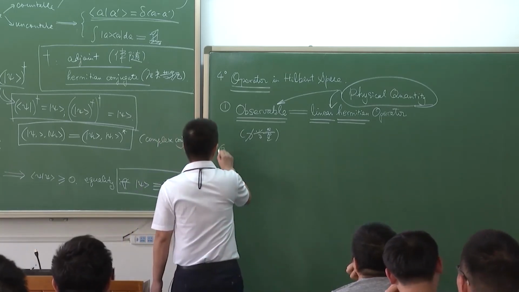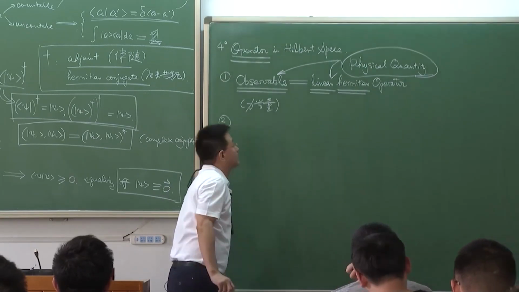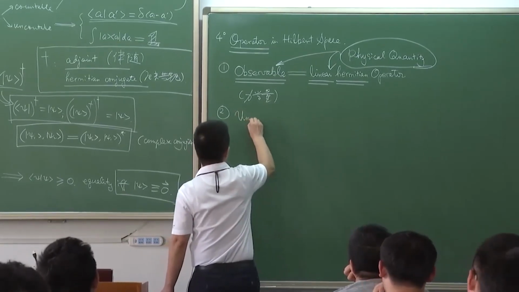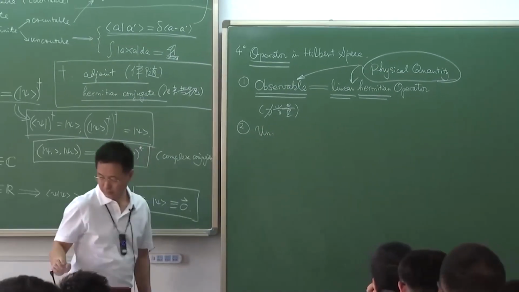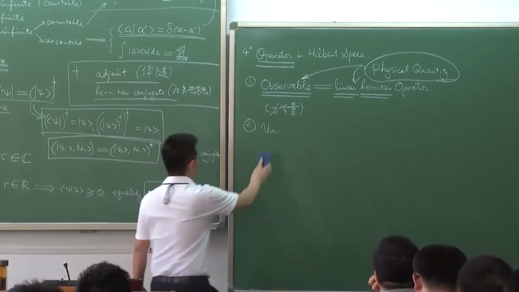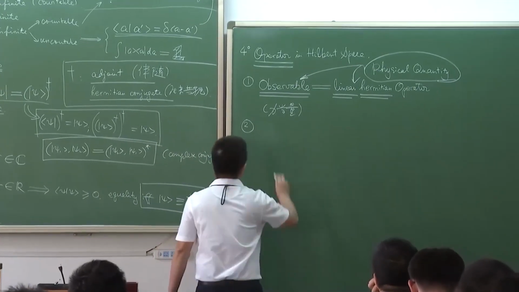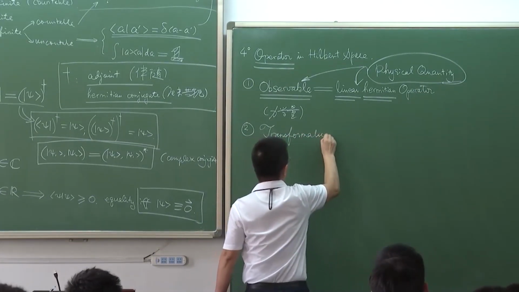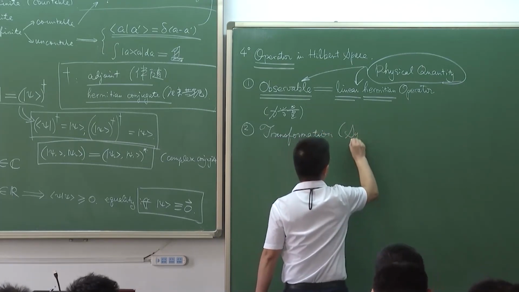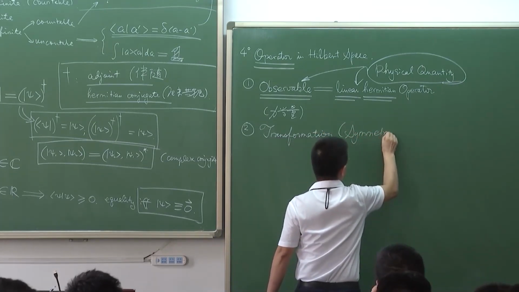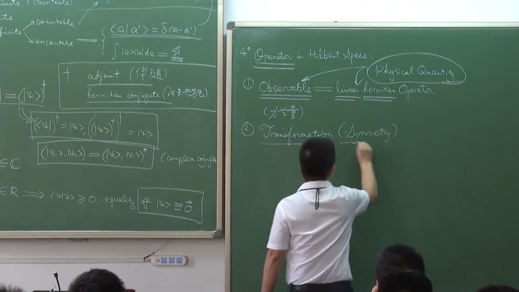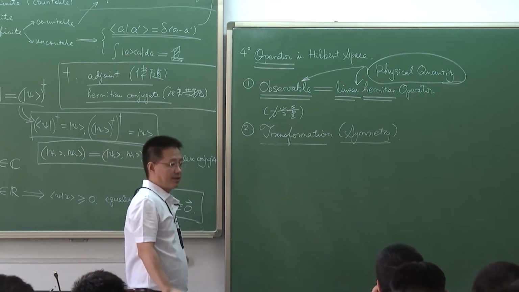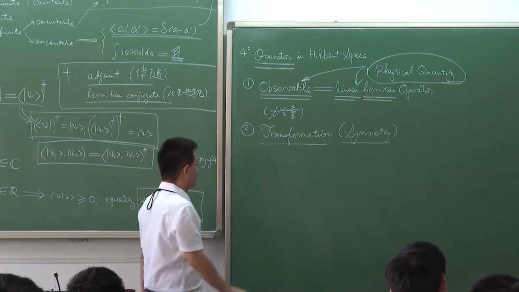And also we have another thing that is also very important for operators in Hilbert space. That is the unitary transformation. And this transformation is a symmetry transformation. And we have two kinds of operators which can represent the symmetry transformations.